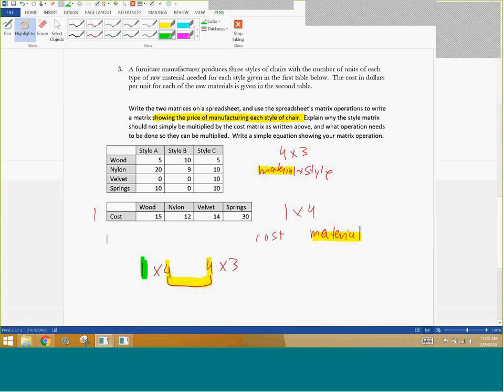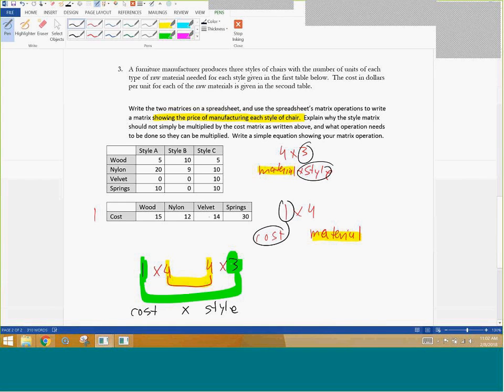The outer numbers are going to be the size of my answer matrix. Thinking about cost, style is my 3, my cost is my 1. And look at that, that's what it's asking for: show the cost for each style, and that's what I want.